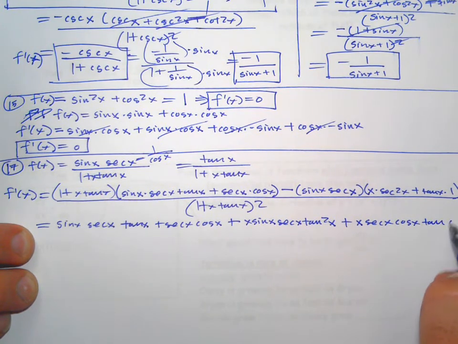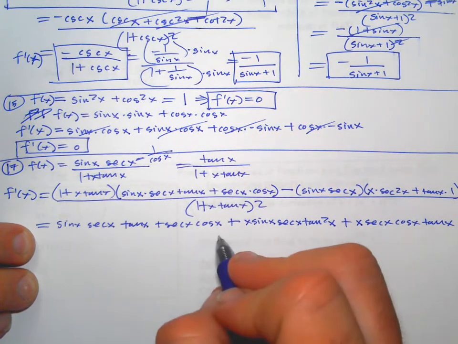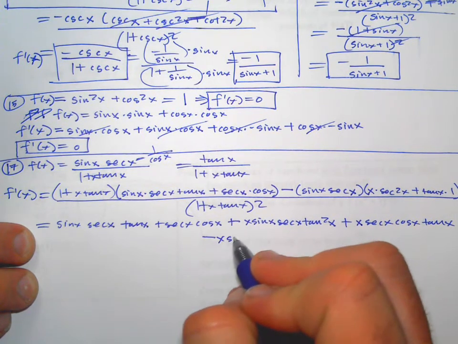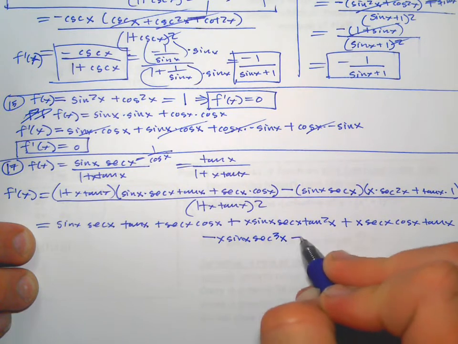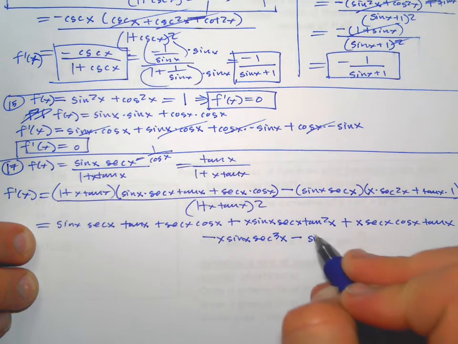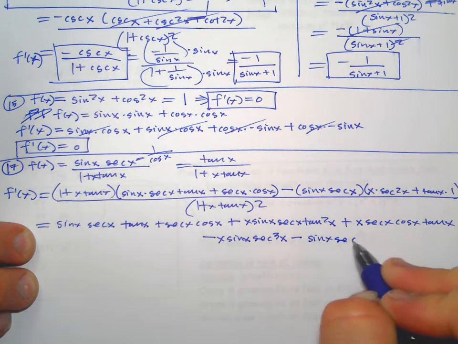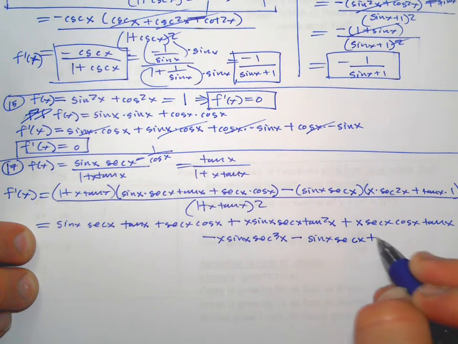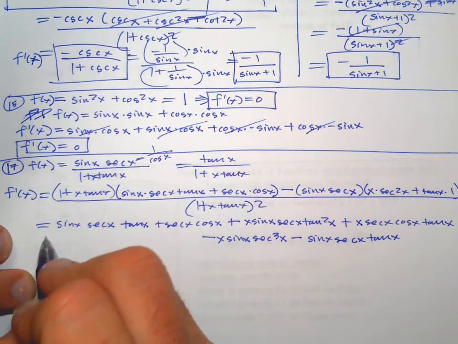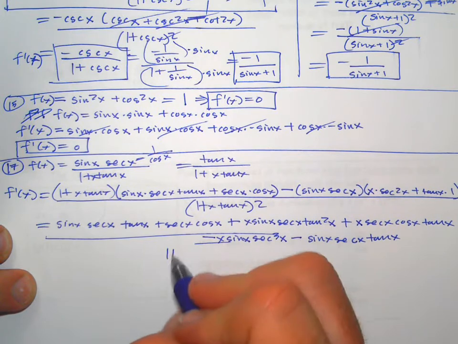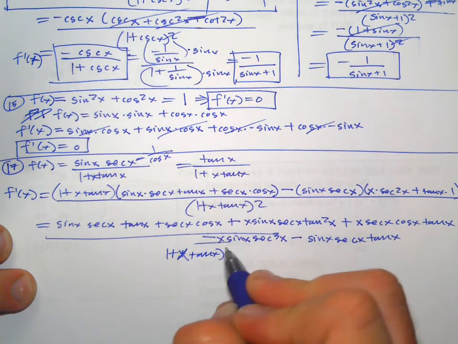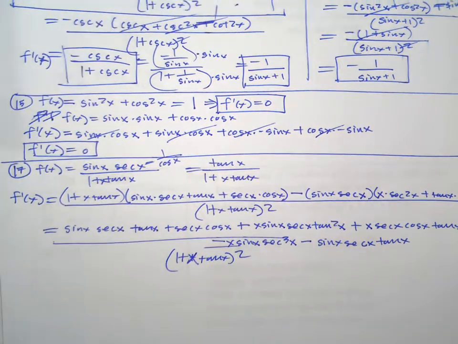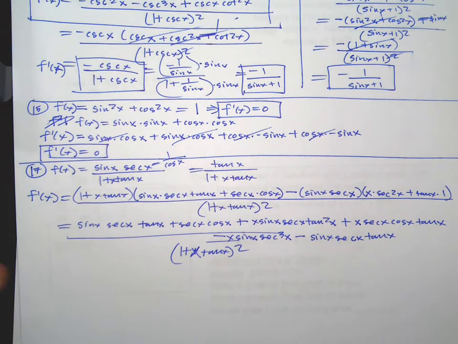That's just the first ones. Minus x sine x secant cubed x minus sine x secant x tangent x. Oh my gosh. All over 1 plus x tangent x squared. That's a mess.